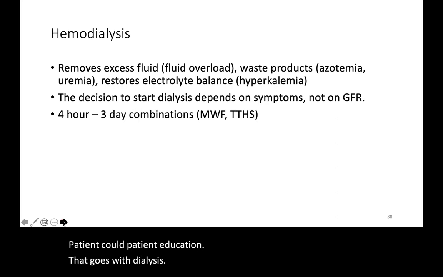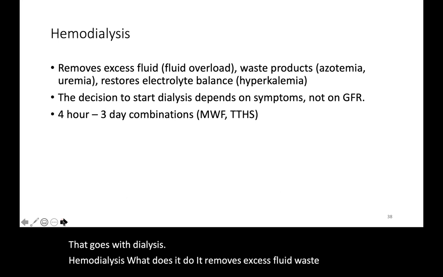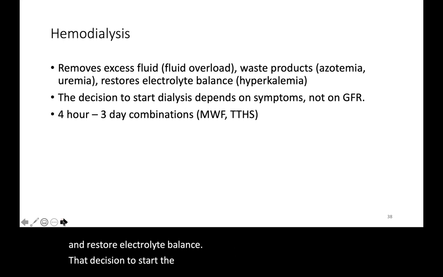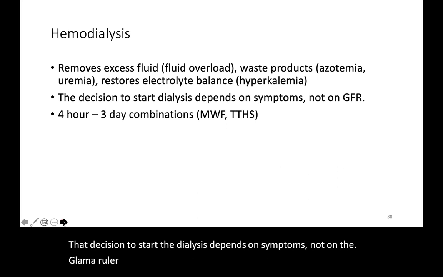Hemodialysis. What does it do? It removes excess fluid, waste products, and restores electrolyte balance. The decision to start dialysis depends on symptoms, not on the glomerular filtration rate or the GFR.